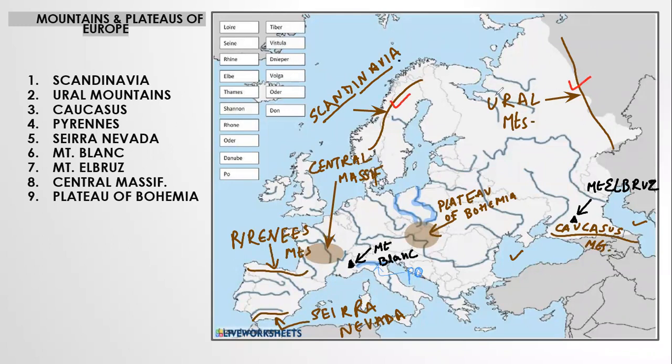Ural Mountains, we have marked. Caucasus Mountains, we have marked. Pyrenees, we have marked. Sierra Nevada, we have marked. Then Mount Blanc, we have marked. Elbrus Mountain, we have marked. Plateau of Central Massif, we have marked. Plateau of Bohemia, we have marked.